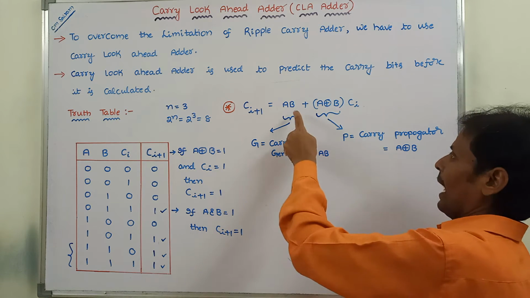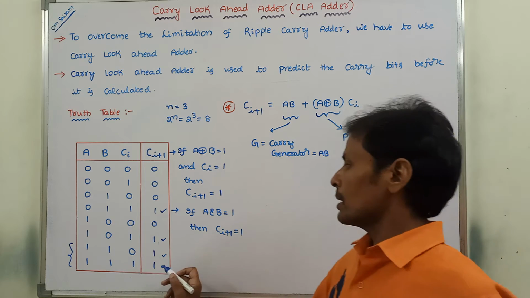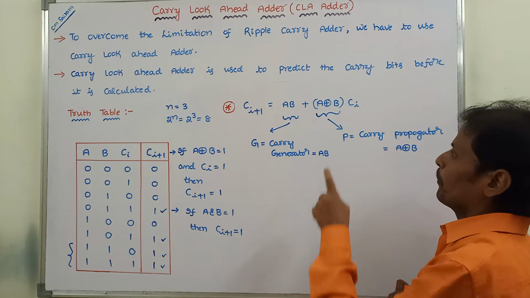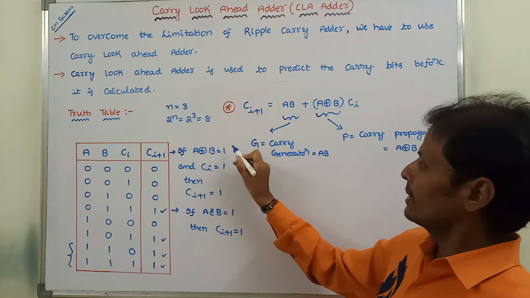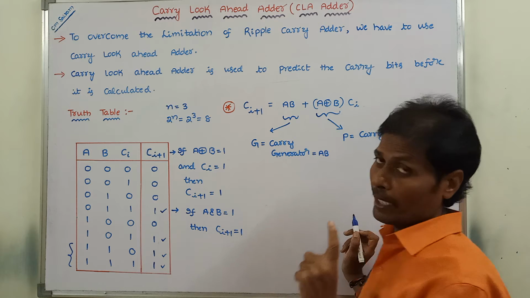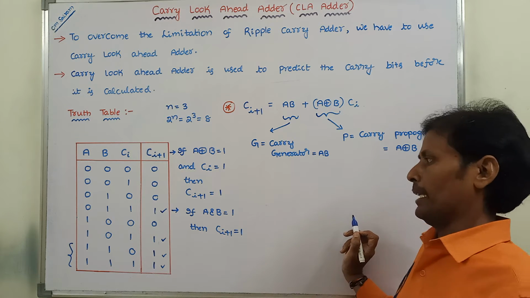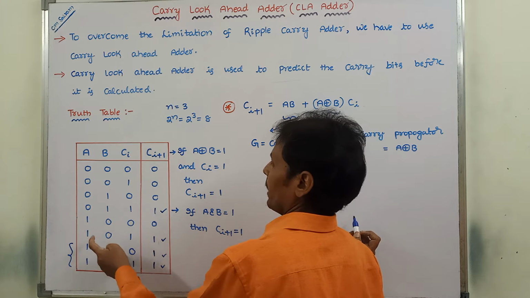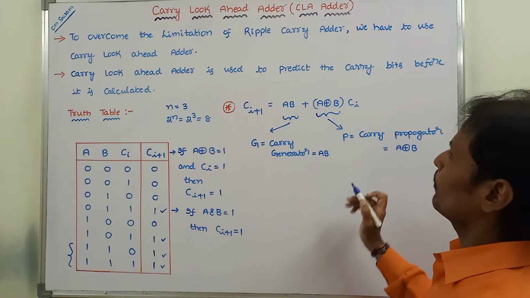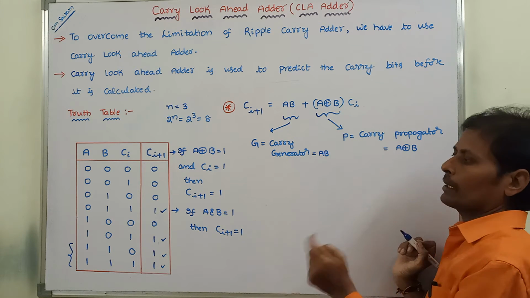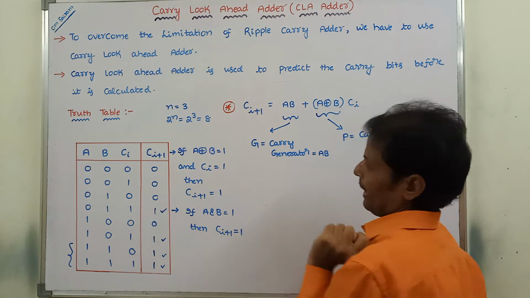That means AB. It does not depend on input carry. Plus, next, this case, C suffix I plus 1 value is equal to 1 when the exclusive OR operation between the two inputs A and B is multiplied with input carry Ci.